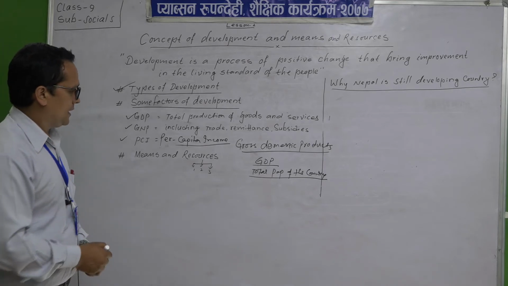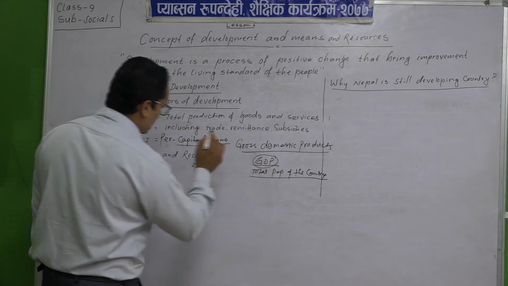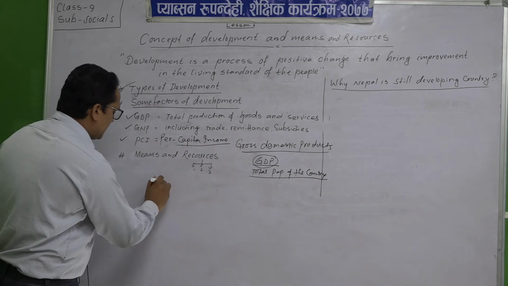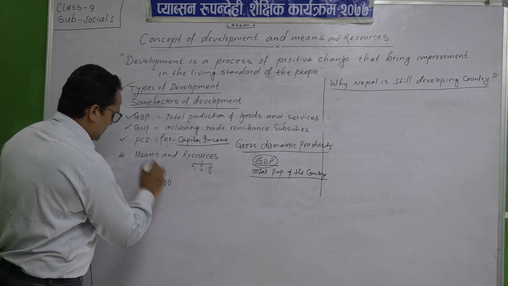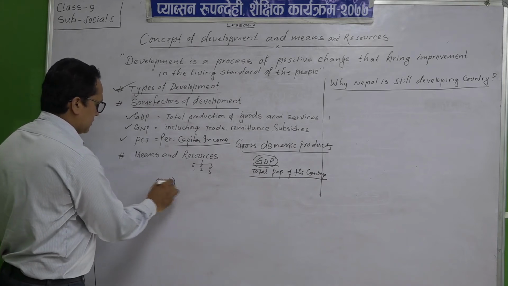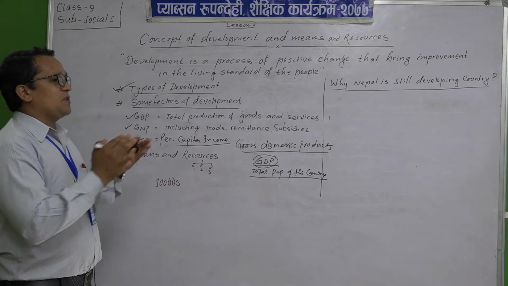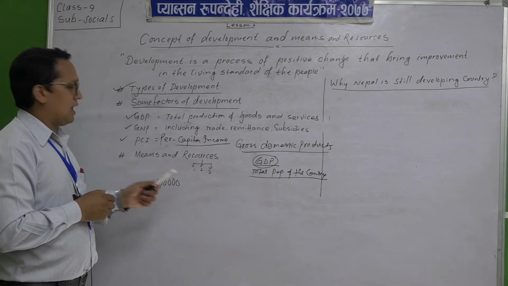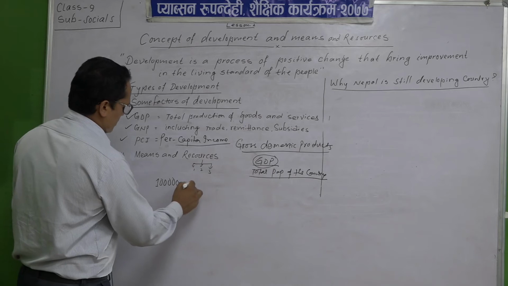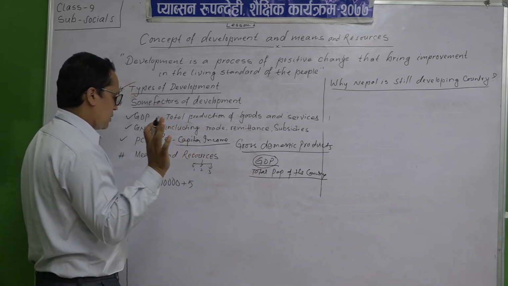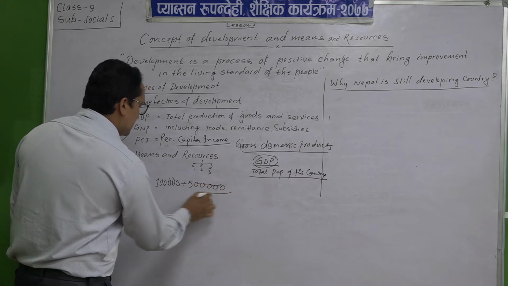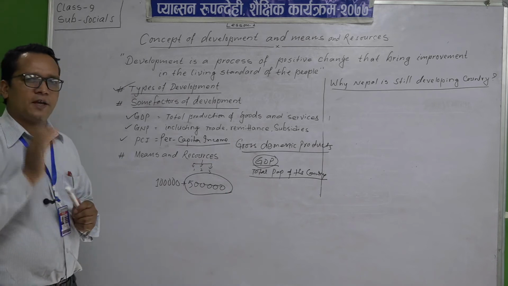Why? Because in GDP, all the earning, the total income of the country, is calculated. Suppose in a country 1 lakh people are very rich, and the total population is 6 lakh, but the remaining 5 lakh people are very poor.